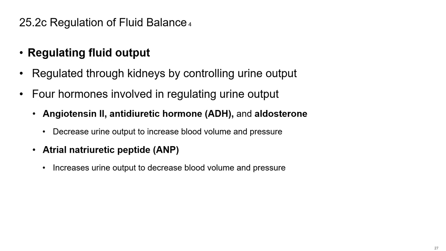ANP release stimulates the excretion of sodium and water in the kidney, and ultimately lowers blood volume and lowers blood pressure as well. So think of ANP and these three other hormones as being antagonistic, right? These all do one thing, ANP does the exact opposite.